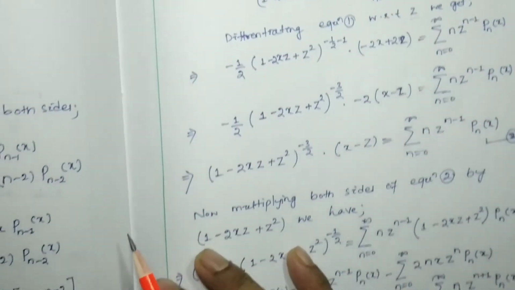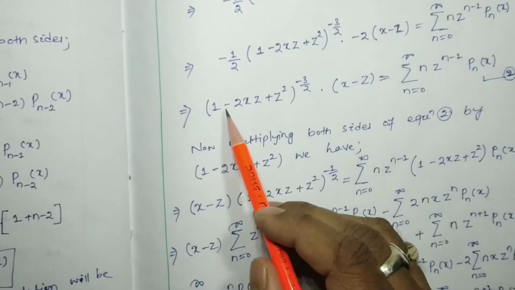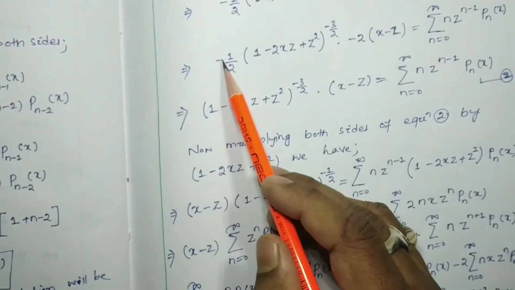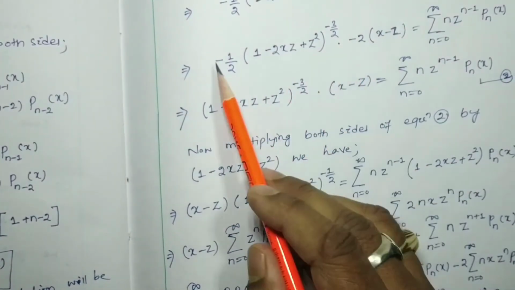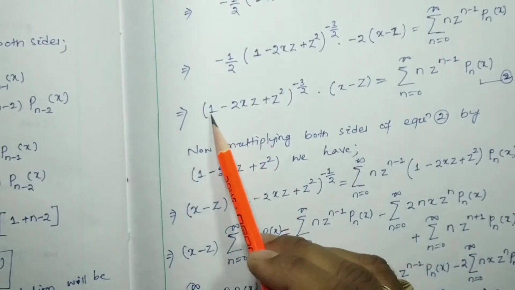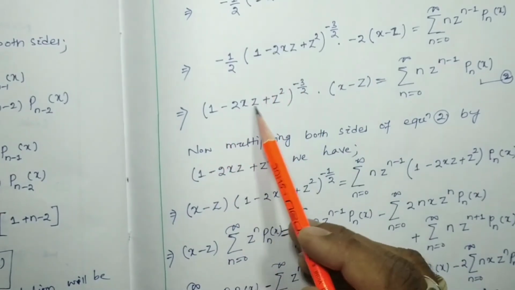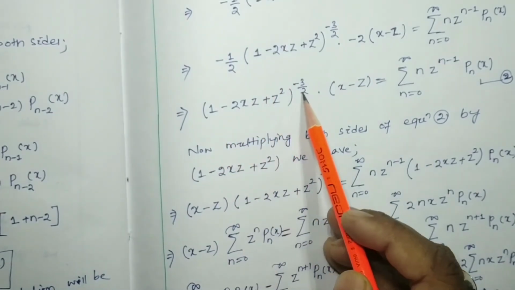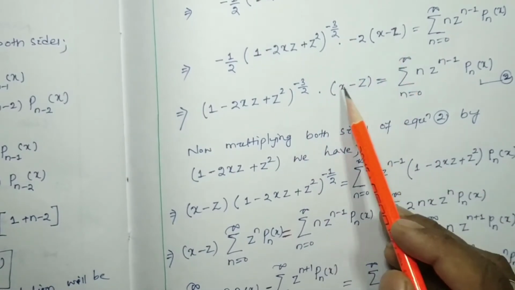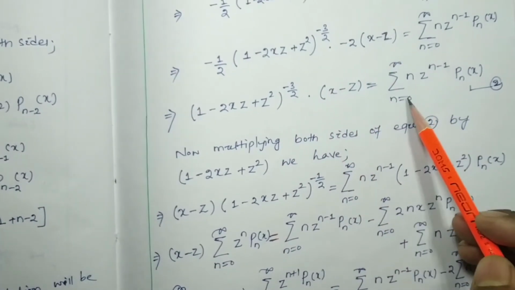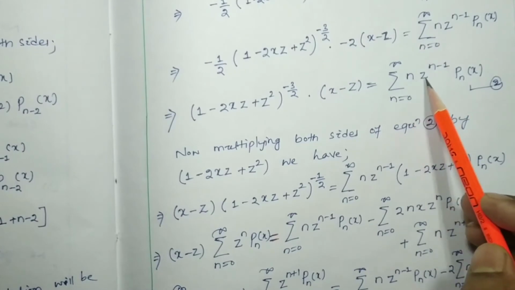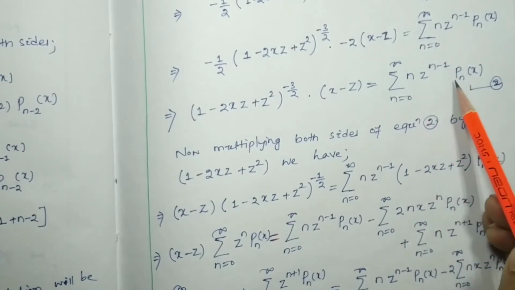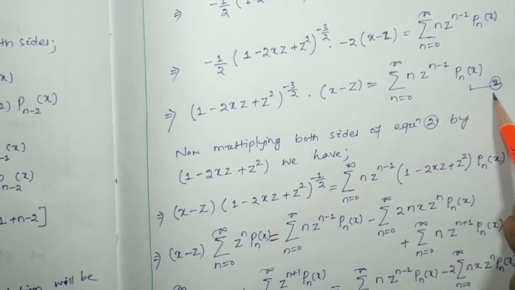Here, minus 2 and minus minus plus 2 got cancelled. We found (1 minus 2xz plus z square) to the power minus 3 by 2 into (x minus z) equals the summation from n = 0 to infinity of n z to the power n minus 1 into P_n(x). Let this be equation number 2.